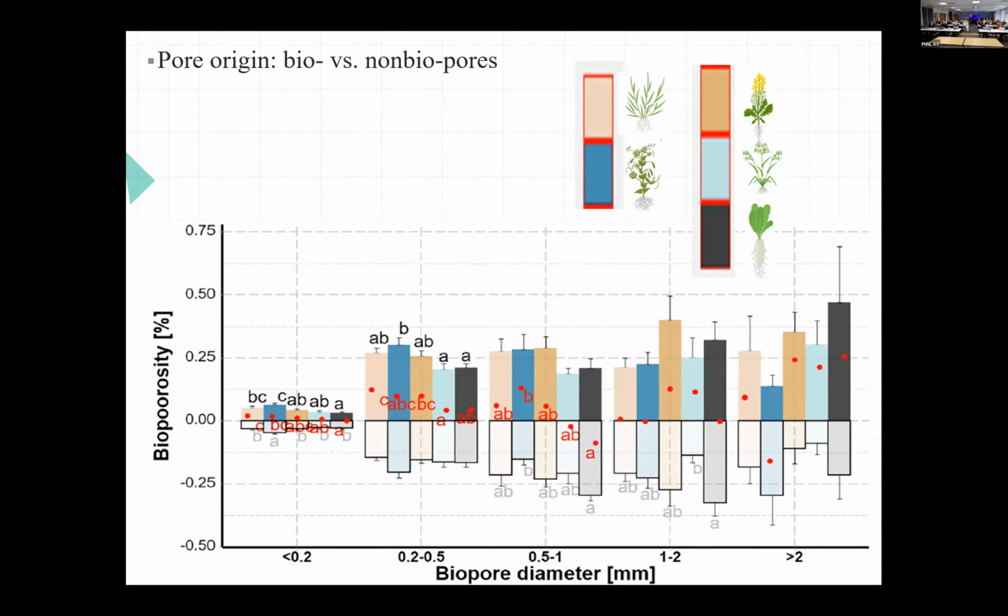But here I want to bring to you the other side. You might be wondering about this very right part, that is the biggest biopores, the ones that are 2 millimeters in diameter or greater. And you can see that we don't have any statistically significant differences anywhere there.